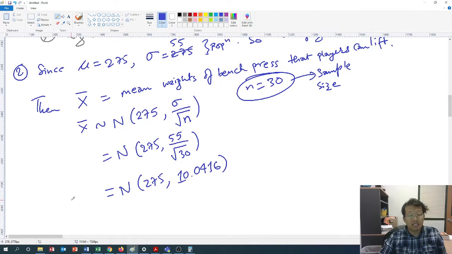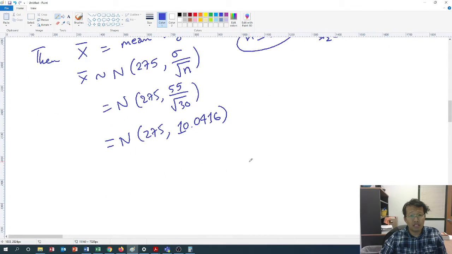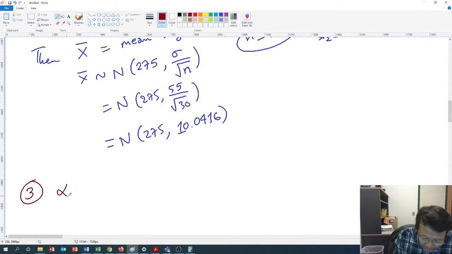The sample size we have taken is 30, and x bar, its mean, is 275, and its standard deviation is 10.0416. Okay, so that's it. Number 3, we need to figure out the p-value.